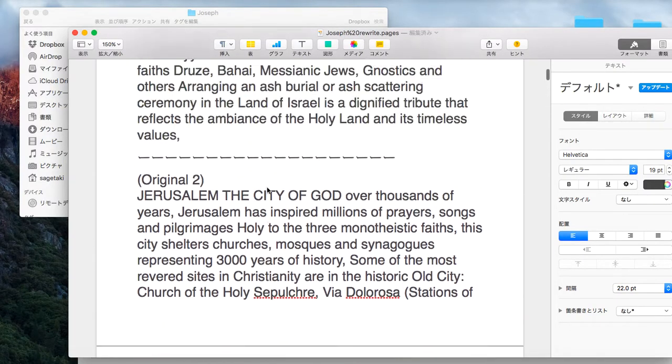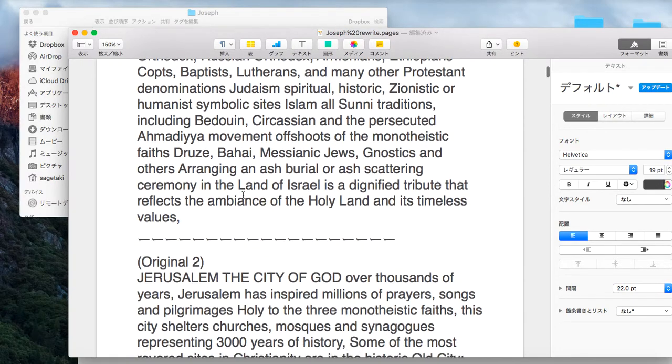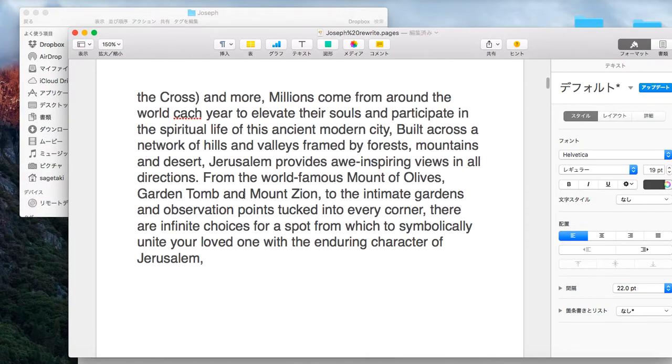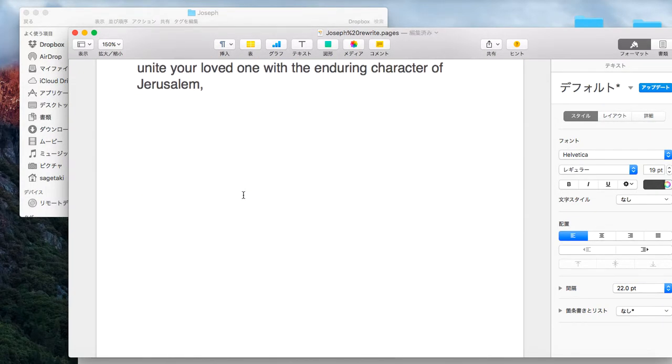So we have the original text here, but basically there's this guy, the first rewriter that I have hired, and I just wanted him to go through the trial and see how it turns out.